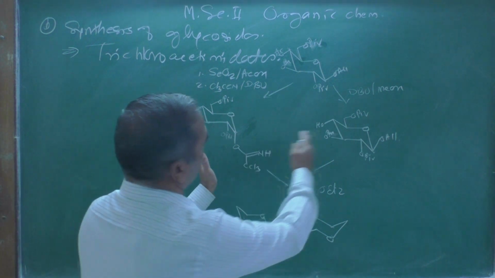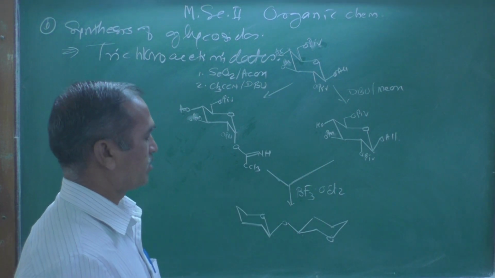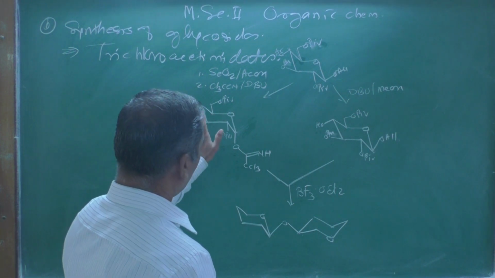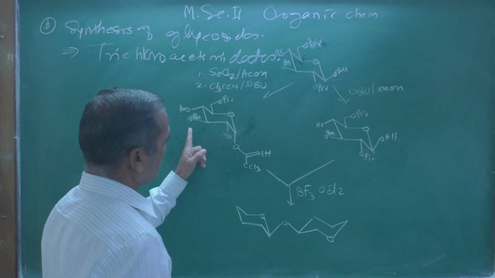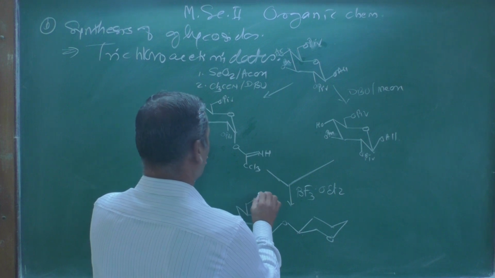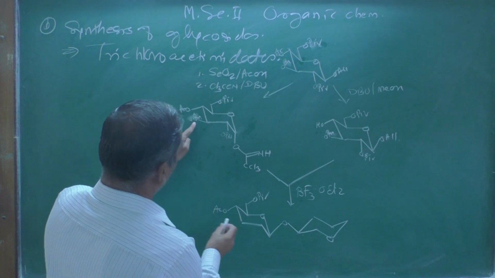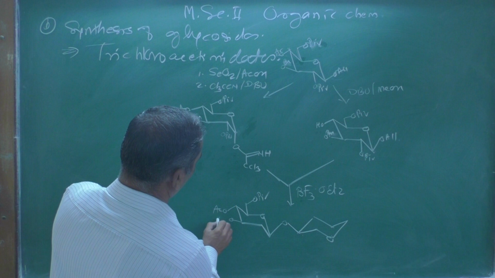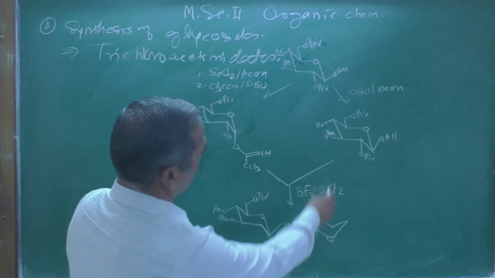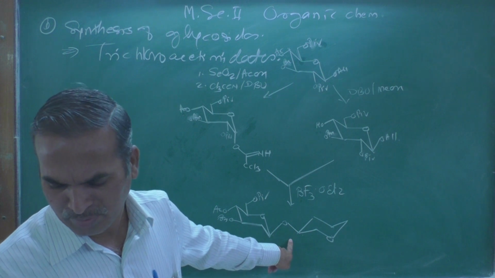Then when these two are brought together in the presence of boron trifluoride etherate, it gives the product. If you observe this structure carefully, you can draw the other part as it is: OPiv, then OAc, the acetyl group, and at the equatorial position the O-benzyl group as it is. Now this side we can write below.